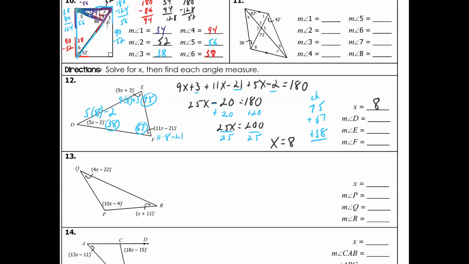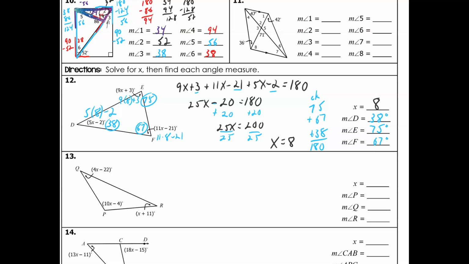And my calculator does confirm that it doesn't look like I made a mistake. I'm just going to write the answers in and move on to the next problem. So angle D is 38. Angle E is 75, and angle F is 67. These are all degrees.